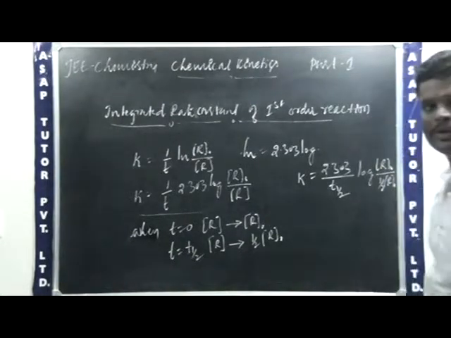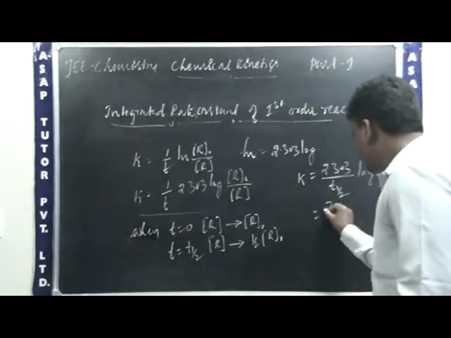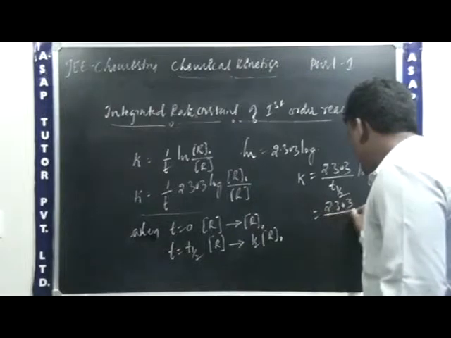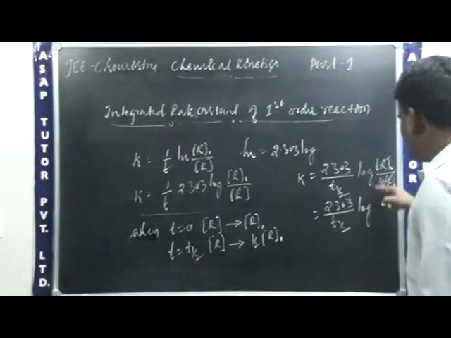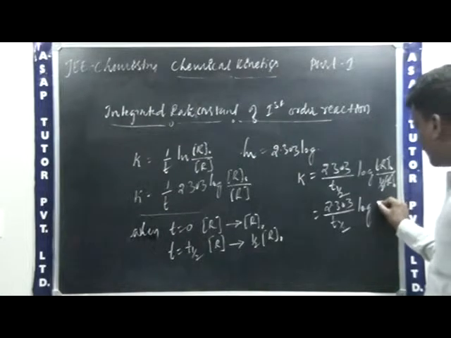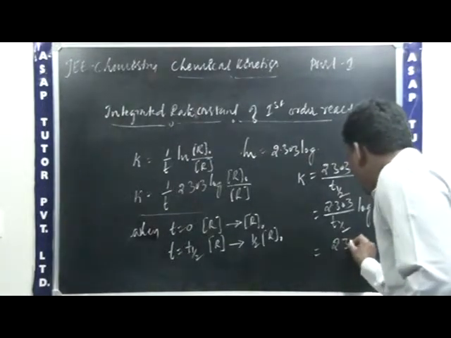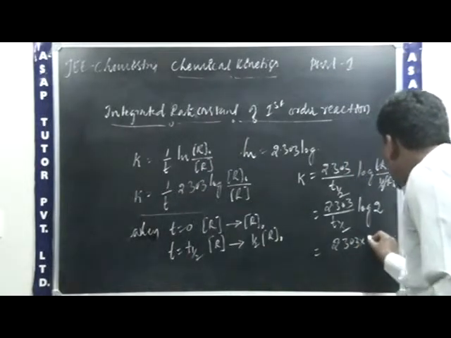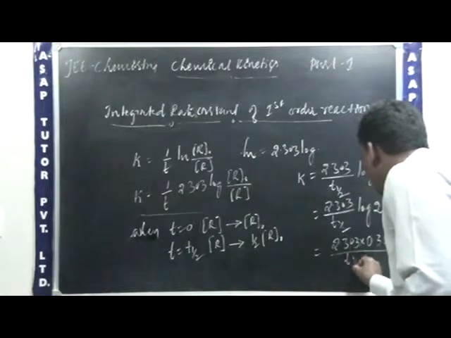Now R naught gets cancelled. So 2.303 divided by t-half into log 2, since 2 goes to the numerator. Therefore 2.303 into log 2 value, 0.3010, divided by t-half.